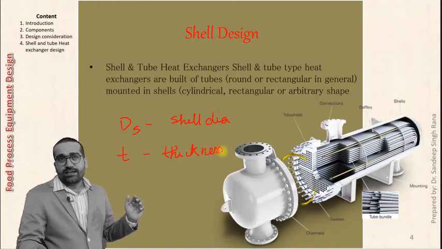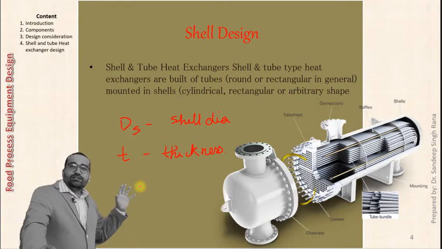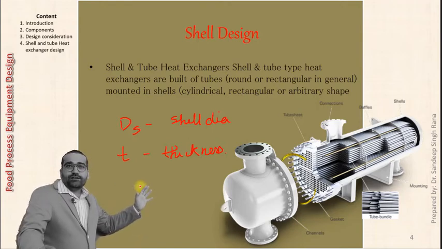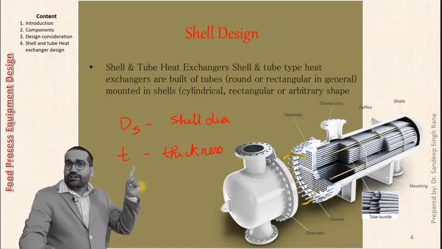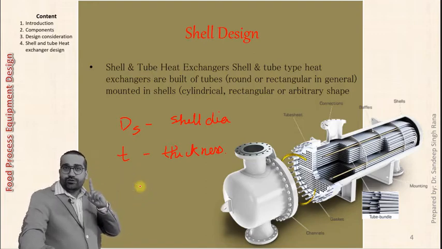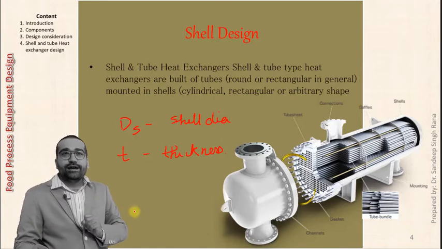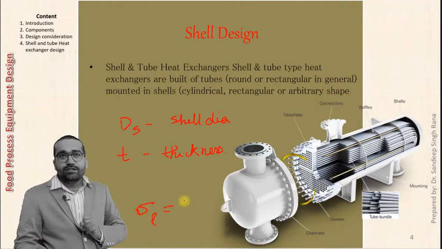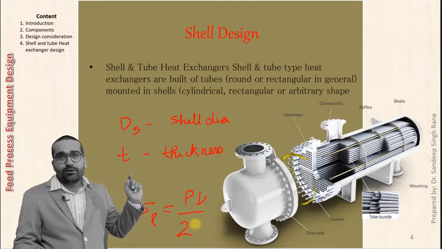As I have discussed here, a shell is nothing but a vessel or a container. So for designing the thickness of a vessel, which formula do we use? We use the hoop stress formula. We know that sigma L is equal to P D by 2t.